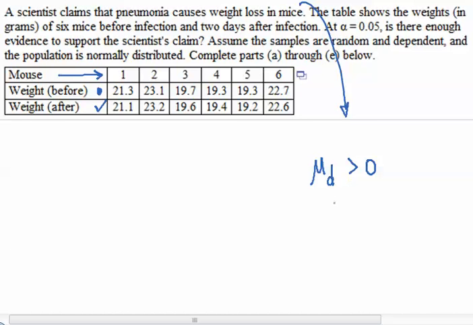I'm using a word here that has actual meaning in another place, so don't take that word that way. It is just going to be positive, okay? There's going to be some weight loss.